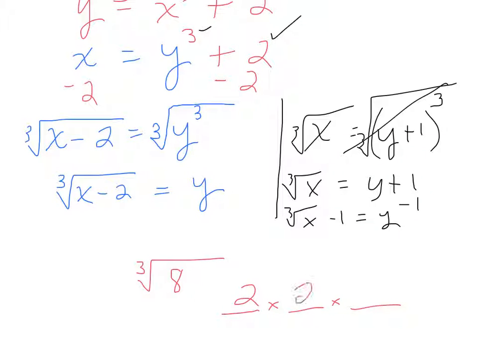Because 2 times 2 is 4, times 2 is 8. So cube root of 8 would be 2. That's what your cube root is asking you. But that's the opposite of cubing, is cube root. So 18 would be that same issue. Okay, so 19 and 20 is exactly what we did.